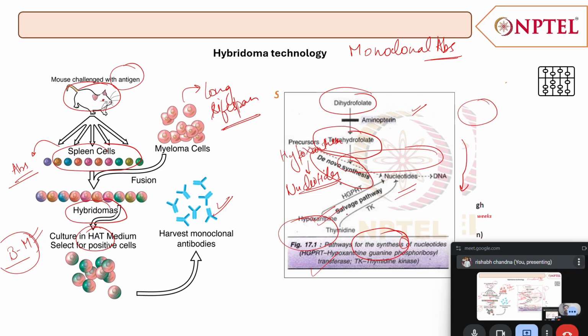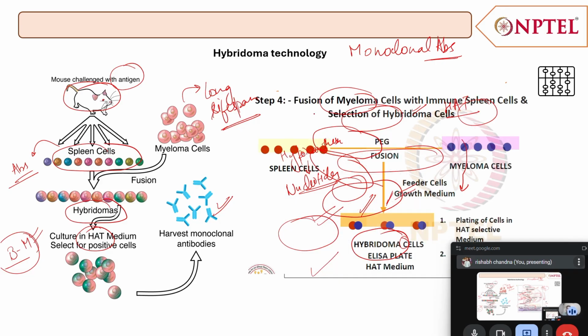While HGPRT will help in the salvage pathway, and the thymidine kinase will also help in the salvage pathway. So the HAT medium allows only the cells that have the enzymes to grow, because the hypoxanthine will be converted, the thymidine will be converted, but aminopterin will block the de novo synthesis. So why was this done?